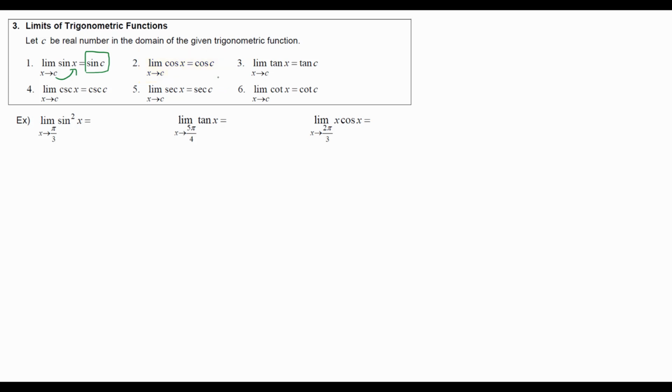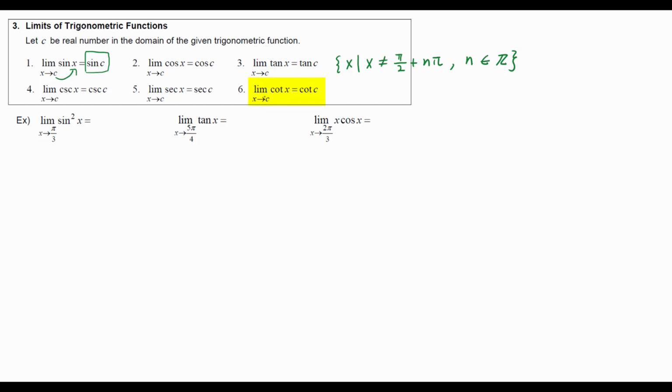Now tangent x, the domain is all x such that x is not equal to pi over 2 plus n pi for all n an element of the integers. So as long as c is not equal to pi over 2 plus n pi, you can plug c in for x, and therefore the limit will be tangent of c.